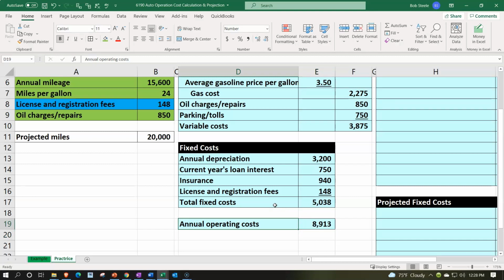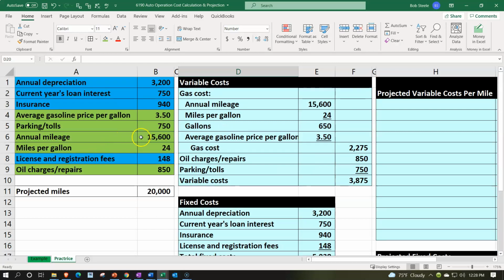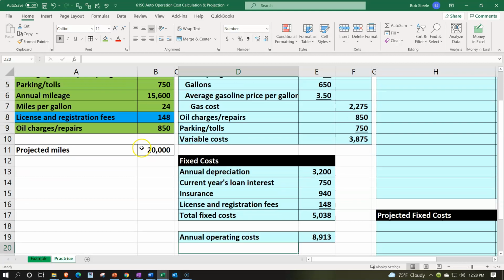8913. Now, the tempting thing to do then, if you're trying to project out what my cost is going to be next year, you could try to say, well, if I think I'm going to drive 20,000 miles next year instead of the 15.6 that we drove this year, how much is that going to cost me?